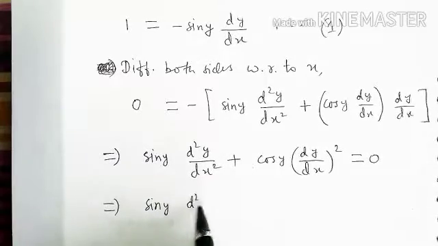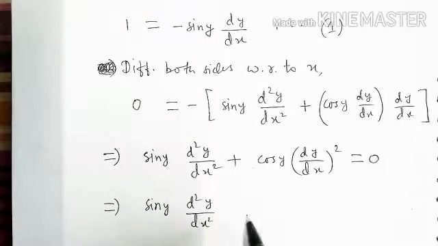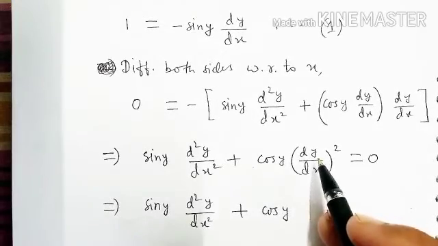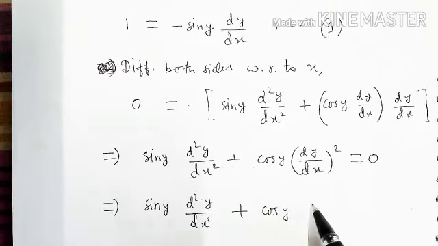Now we can replace dy by dx, which from 1 is minus 1 by sin y.